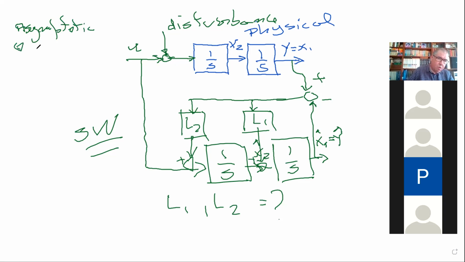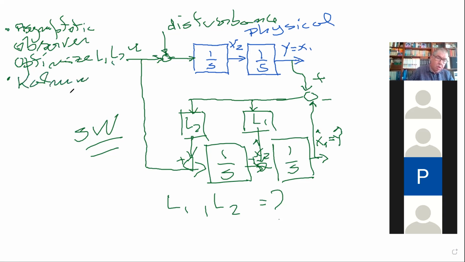Observer or state estimator, okay? And if you optimize L1 and L2, in the sense that we will learn later, then you get the famous Kalman filter. Have you heard of the Kalman filter?